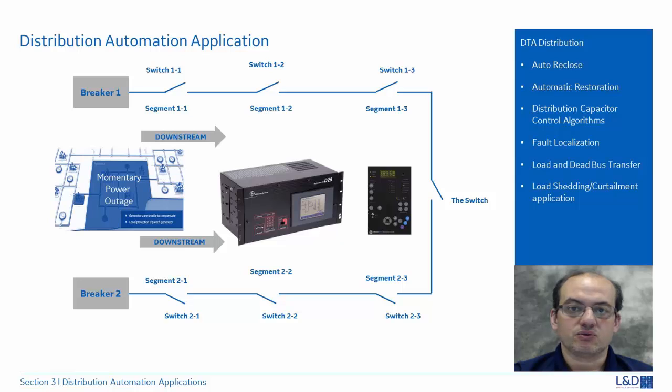bays like the D25 bays, or intelligent electronic devices like the D400 or the D20, and applications, DTAs like a distribution capacitor control algorithm, or fault localization, load and dead bus transfer, load shedding curtailment applications are all examples of DTAs that have been developed and available, so you don't have to build the logic in your logic links, as we said, or your ladder logic in order to carry out this very complex logic.